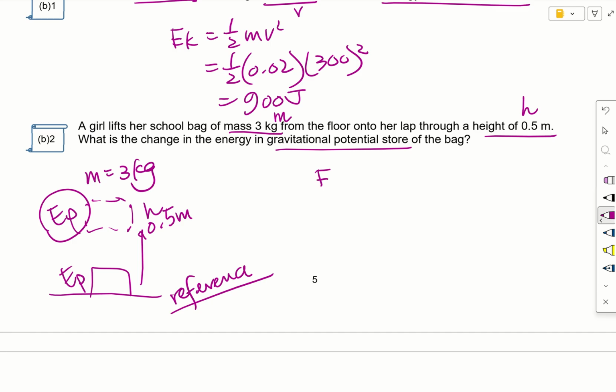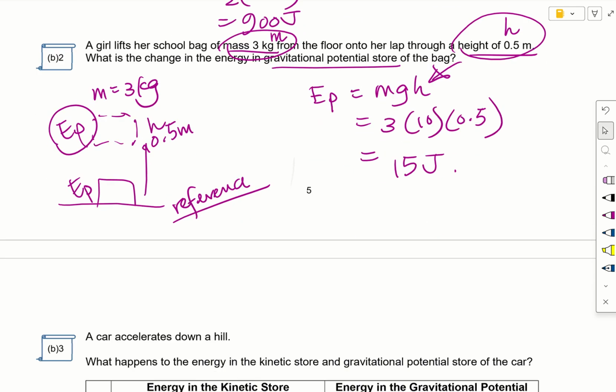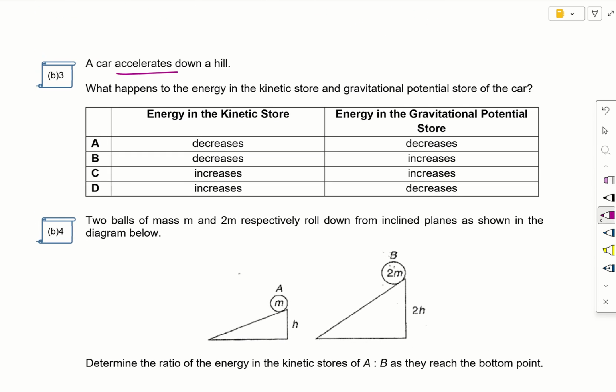So EP equals mgh. So 3 multiplied by 10 multiplied by 0.5. So it will be 15 joules. So if you identify all the numbers, and if you have the correct formula, most likely you'll get your calculation answers correct.